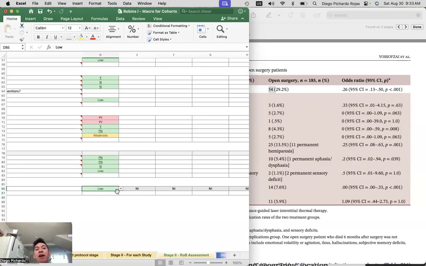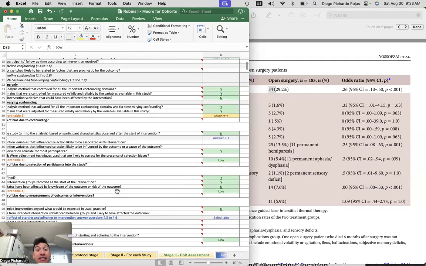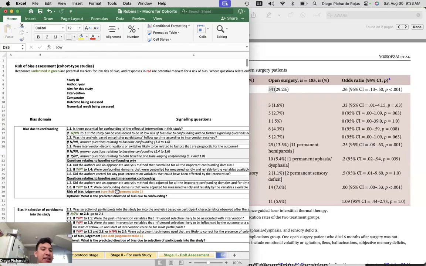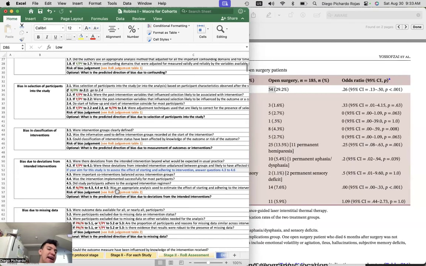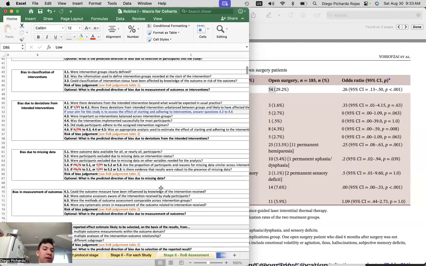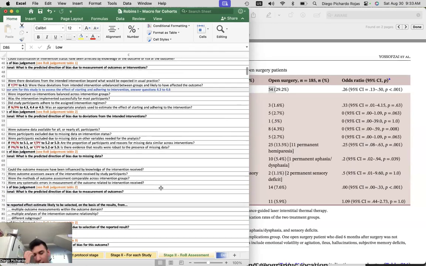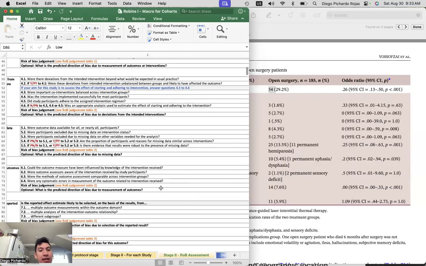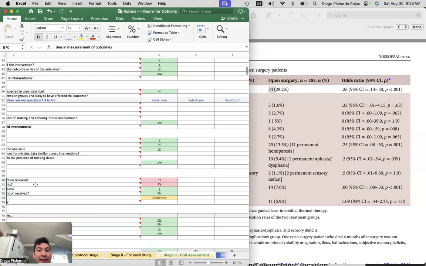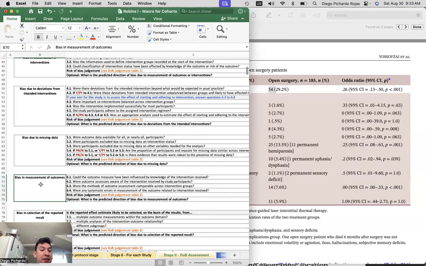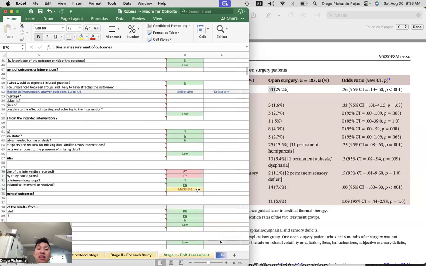Another thing is that if they had a multivariate analysis, even though they didn't have matching, the multivariate basically negates the confounding in the measurement of outcomes. A multivariate almost automatically makes it a low. All right, and that would be it.